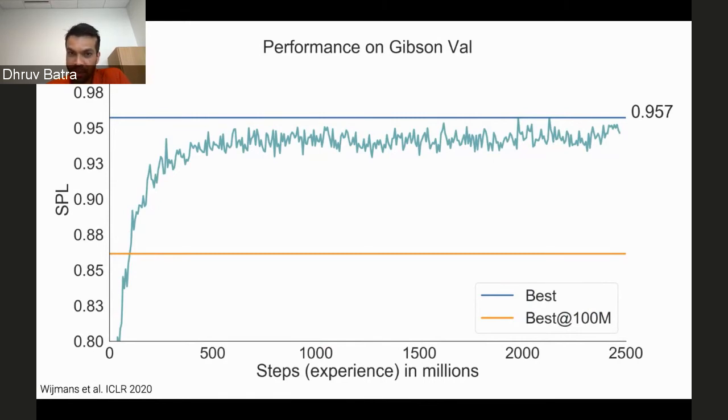The other thing is that if you actually calculate the amount of real world experience, so if these experiments were done on a real robot, how long would it take for that real robot to be navigating out in the wild? I think based on some approximations of how long it takes a robot to move forward versus how long it takes this particular robot to turn in place, some back of the envelope calculation suggests that 2.5 billion steps of experience corresponds to something like 80 years of running that robot.